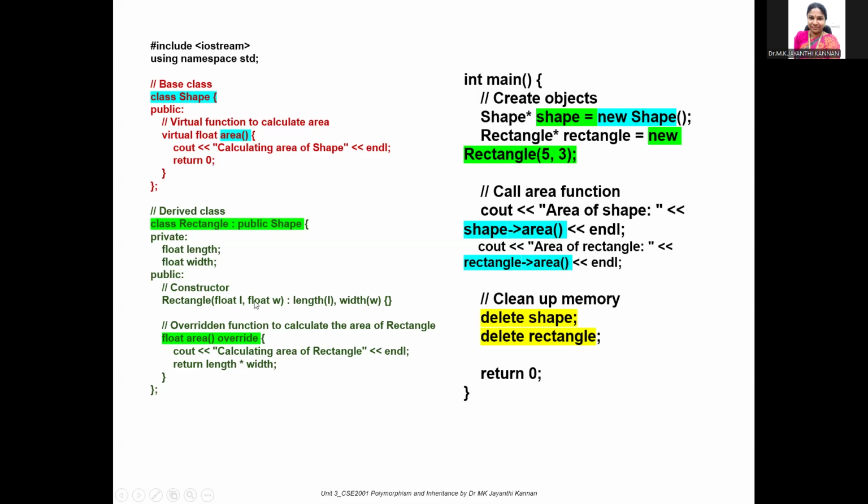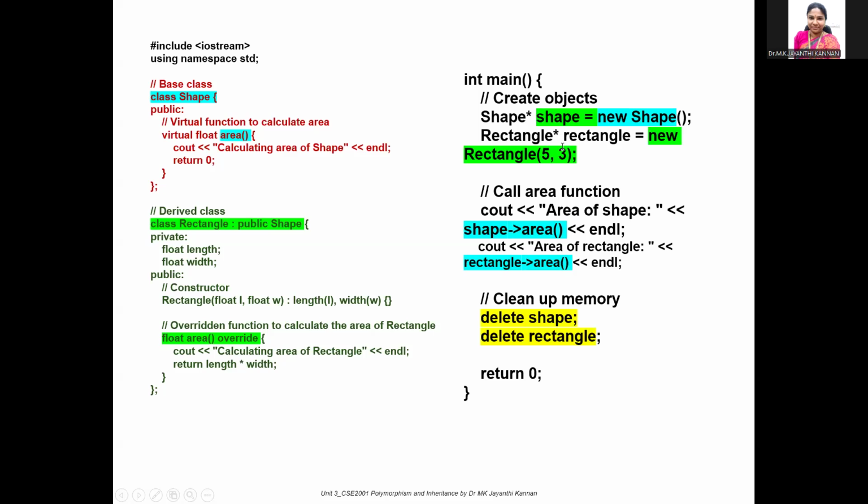It will pass the arguments for length and breadth, and the area function of rectangle is called. The objects created using new, new shape and new rectangle, are both deleted using the corresponding delete operator.